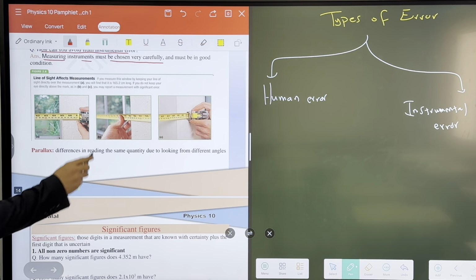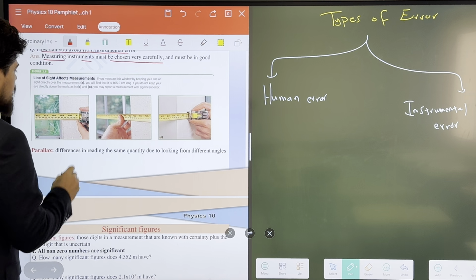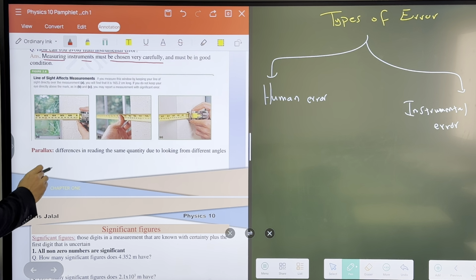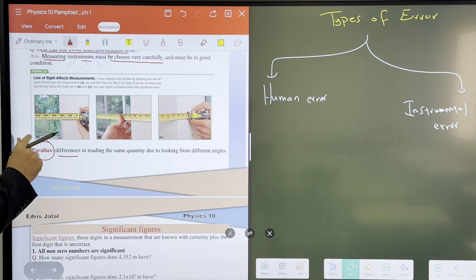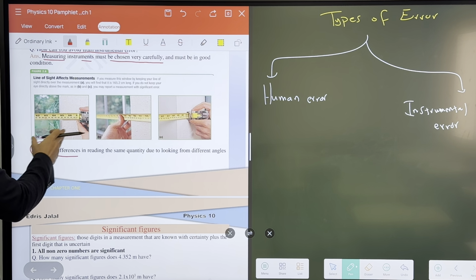One of the human errors in reading measurements is called parallax. What is parallax? Differences in reading the same quantity due to looking from different angles. Look at this figure. The meter stick is constant, but what is the difference between A, B, and C?